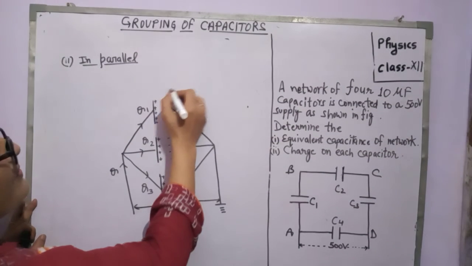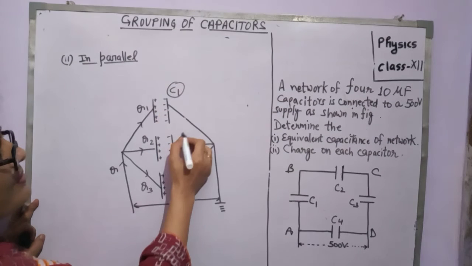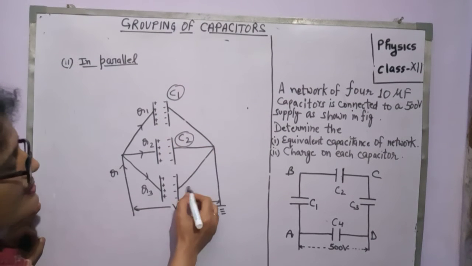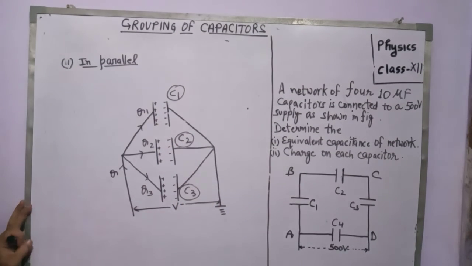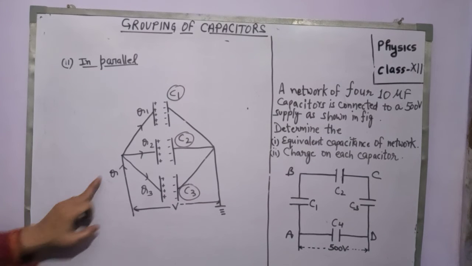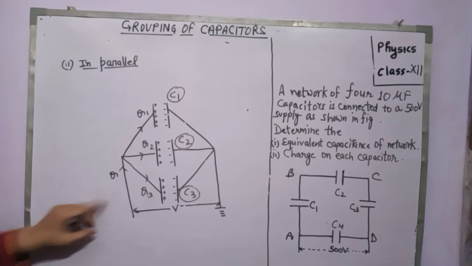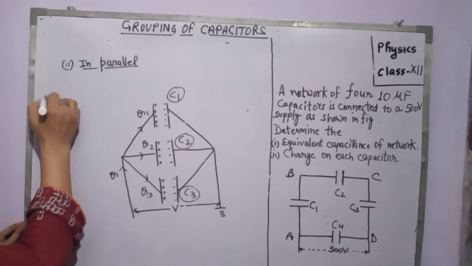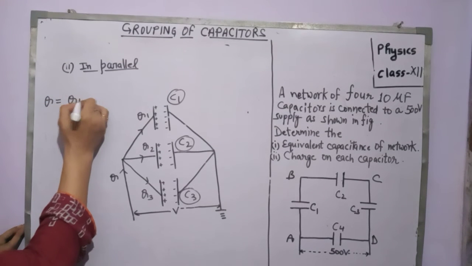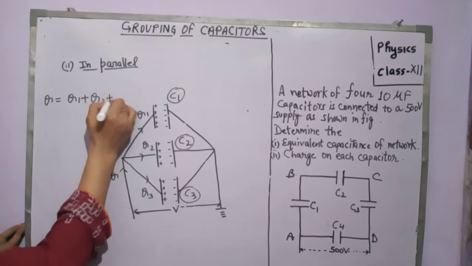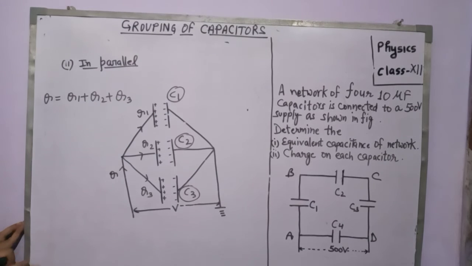This is your capacity C1, this capacity is C2, and this is C3. Now due to the conservation of charge, we can say here Q is equal to Q1 plus Q2 plus Q3.